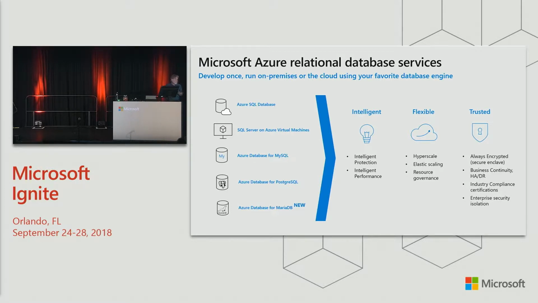If you're in the security area, you need to learn about that. Business continuity with HA/DR, industry compliance certifications, and enterprise security isolation. So you can have complete isolation between your environments.